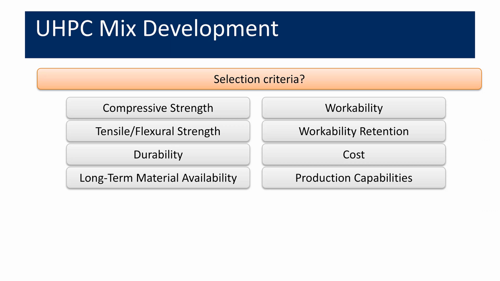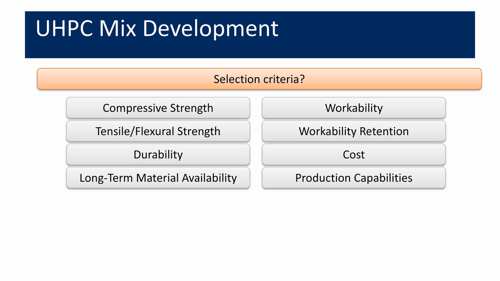Workability and workability retention. How flowable is this material? Does it have self-consolidating properties? And how long does it stay self-consolidating? How expensive is the mix going to be? What's the cost? And also, what are the production capabilities at the plant? Do I have enough silos at the plant to handle an additional supplemental material, for example?